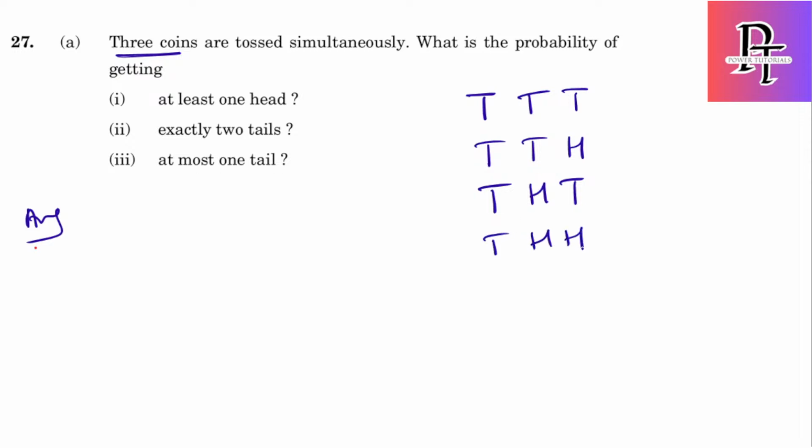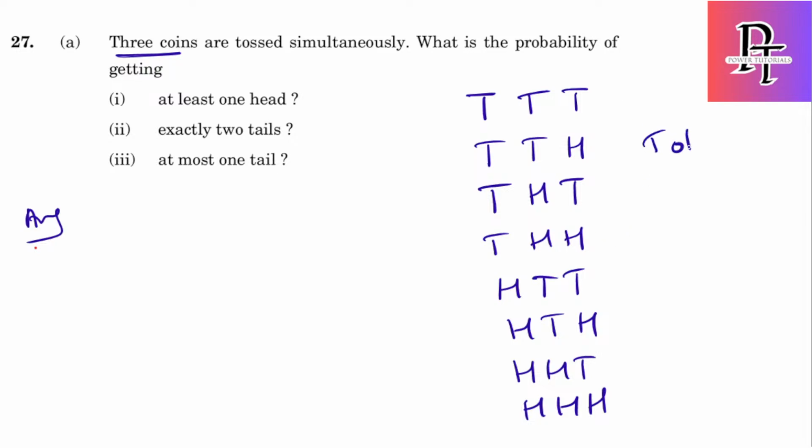The second set can be HTT, HTH, HHT, or HHH. So the total chances when 3 coins are tossed are 8. So I will write the total here as 8.